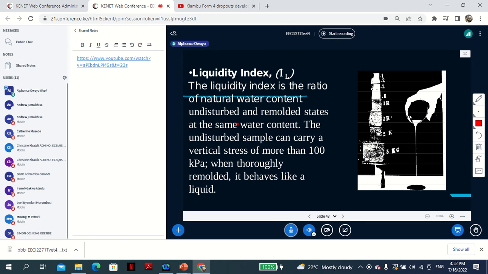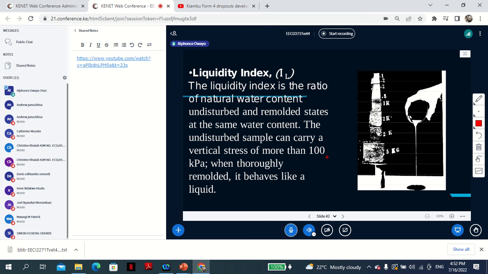There are some soils, the ones I was telling you are sensitive or active, that under shear loading look nice and stable when you are not loading them.